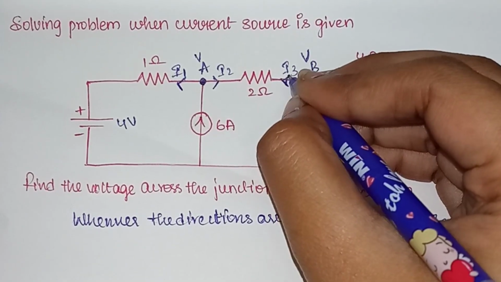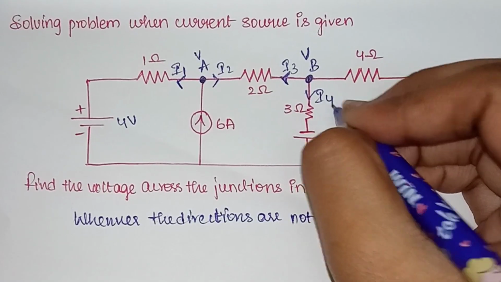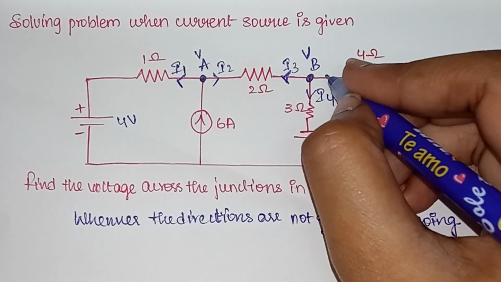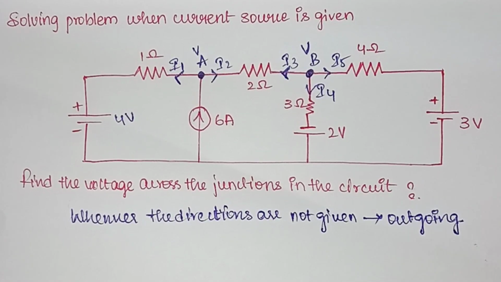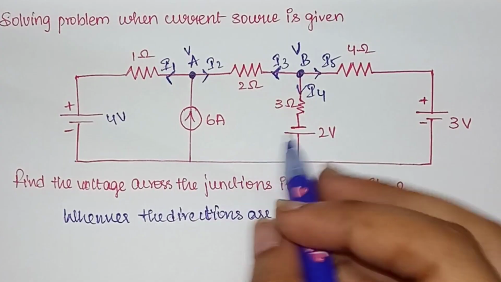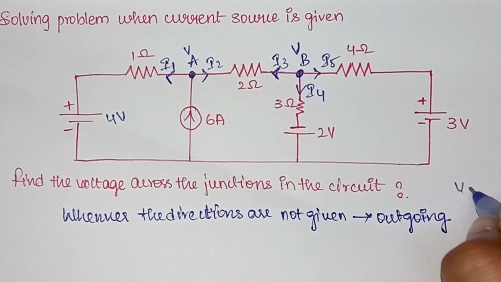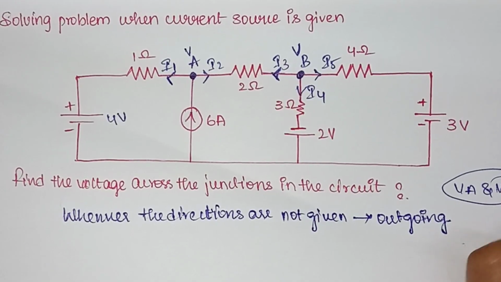This goes in the outgoing direction. This is I4, which goes in the outgoing direction. This is I5, which goes in the outgoing direction. Now we have given the outgoing directions for all our currents, and we need to find the values of VA and VB. This is the final result we need to get after solving the problem.